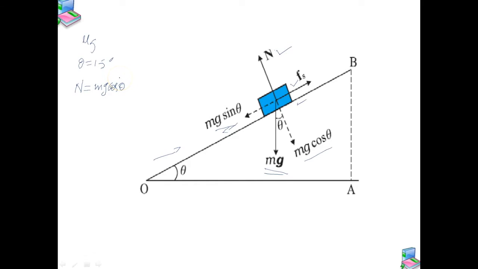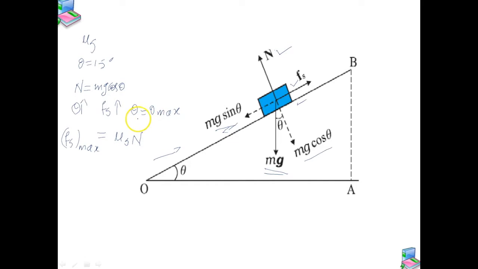As theta increases, the self-adjusting frictional force Fs also increases, until at theta equal to theta max, this static frictional force achieves the maximum value, that is given by mu s into N. We already studied this one.